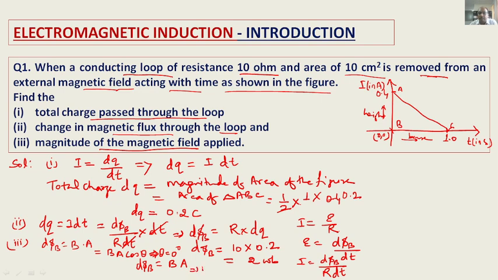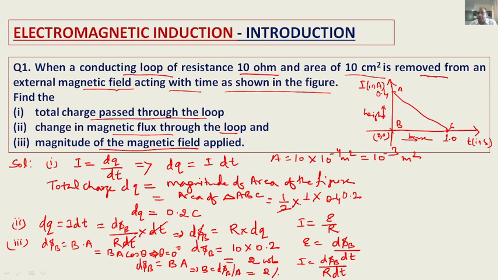Further, we can write B is equal to d phi b by A, and d phi b we have already found, that is 2. So 2 divided by area. Area is 10 centimeter square, so we can convert it into 10 power of minus 3 meter square.